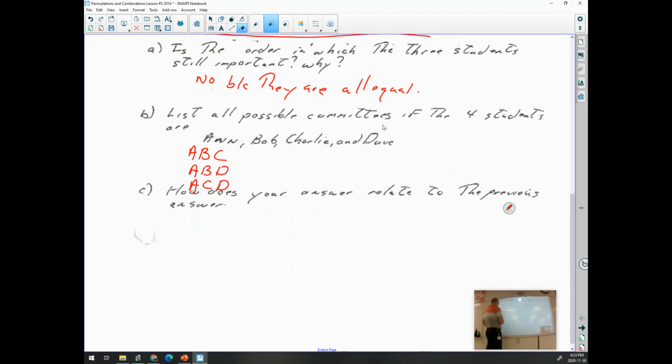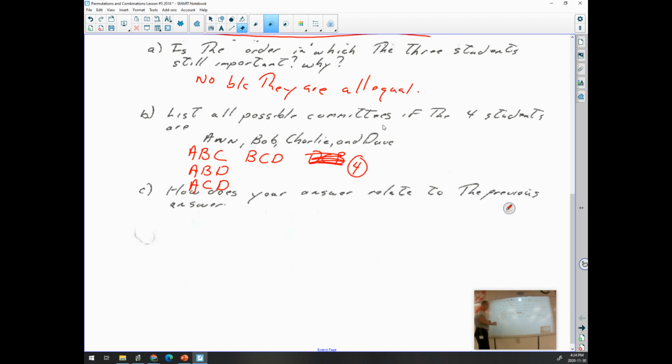Then we could have Bob, Charles, Dave. There's no other groups because it doesn't matter if I do Dave, Charles, Bob. They are still the same group as Bob, Charles, Dave. So now we have 4 ways of grouping three people from 4.